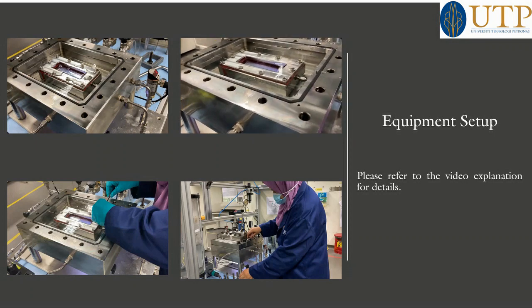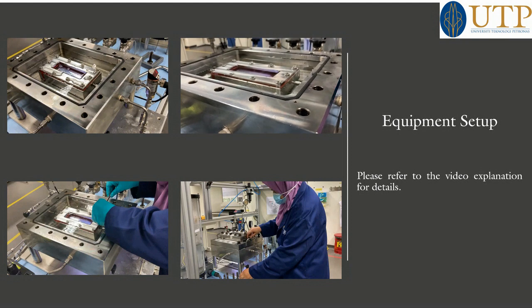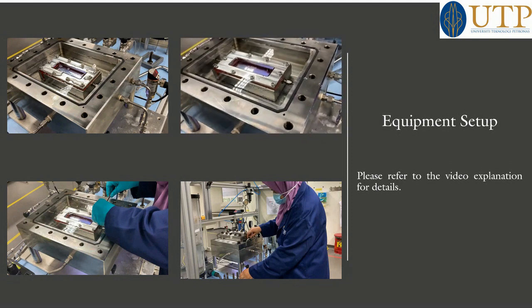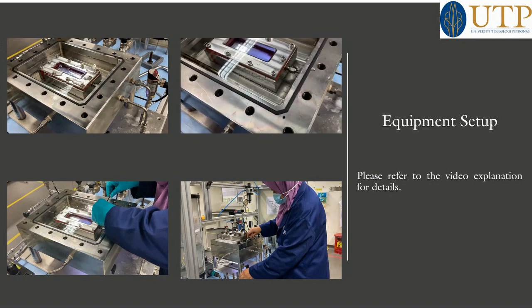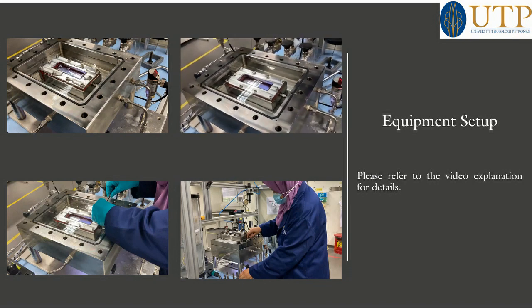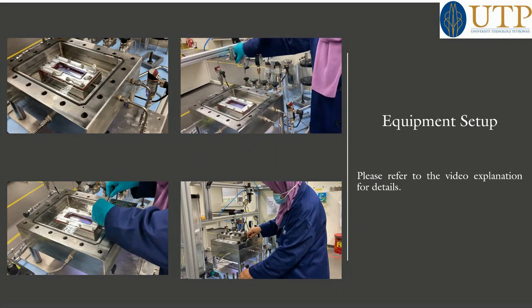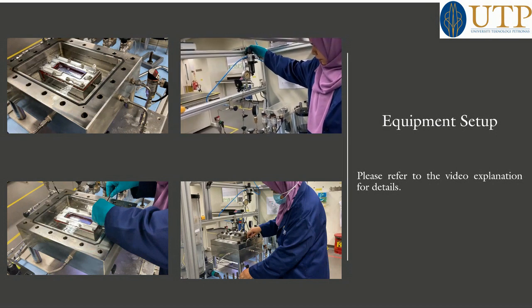Why are we using water? When we flow air through it, if there is any leakage, bubbles come out. Okay, so now open this one, V11, and increase the pressure.